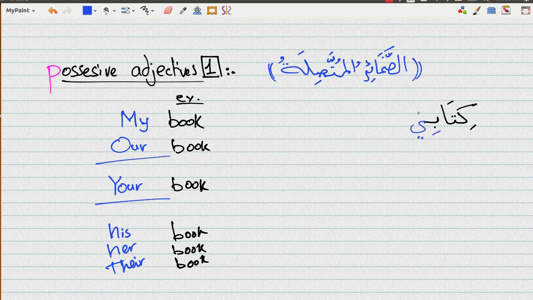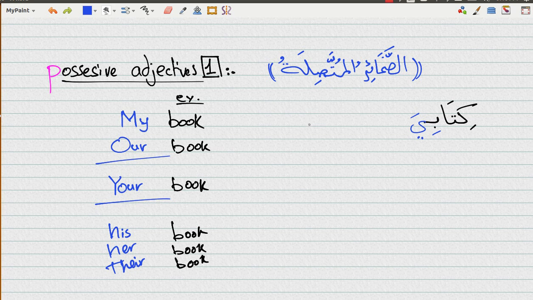So this is what I mean by attached pronoun. They are a suffix. You take a word. If you want this word to be yours, meaning my word or my book, you have to take it and attach to it a pronoun that refers to you. Okay? Or to him, or to me, or to whoever you're speaking about.